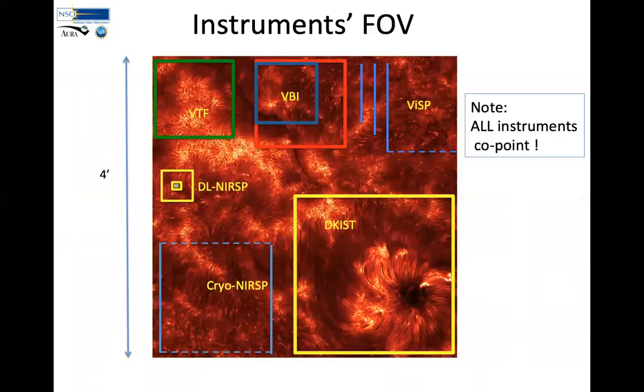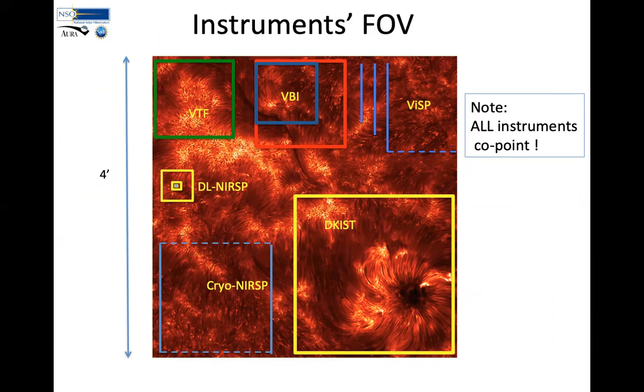And this is actually a picture of what the field of view of the different instruments will be. So here you have to think of your science. What do you want? Do you want to have a large area of the sun under scrutiny or not? Note that the yellow is the square 2x2 arcminute, which is the typical thing provided to the instruments, apart from Cryo-NIRSP that will have the larger field of view.